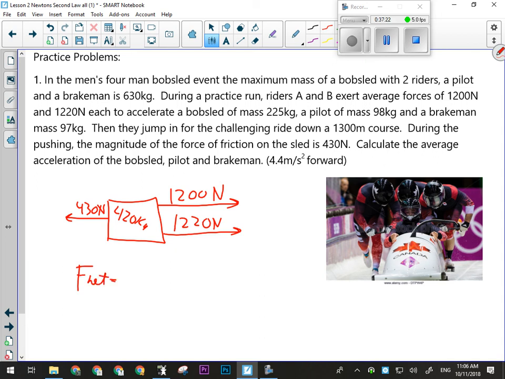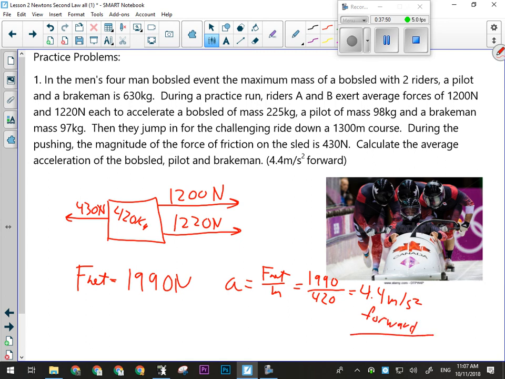So we got 2,420, 1,990 newtons is our net force, and that's forwards. To calculate the acceleration is F net over m. So that'll be our 1,990 divided by the correct mass, 420, and that will give us 4.4 meters per second squared forward.